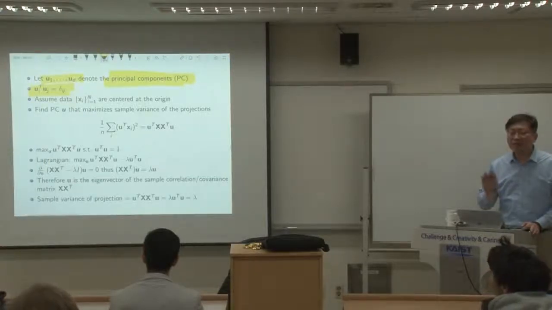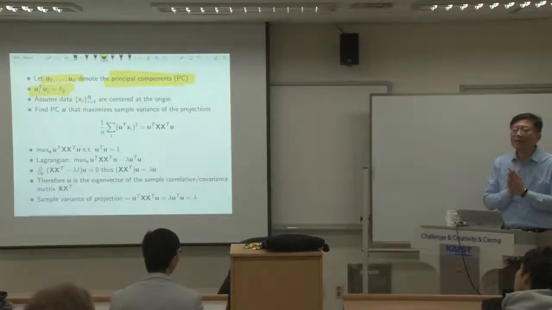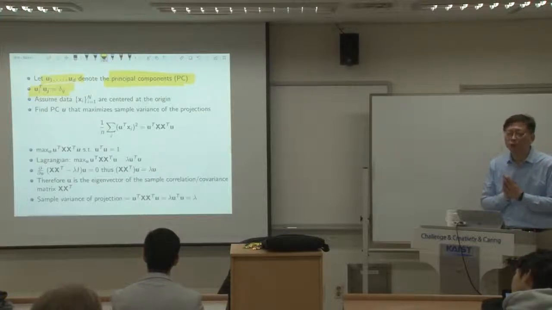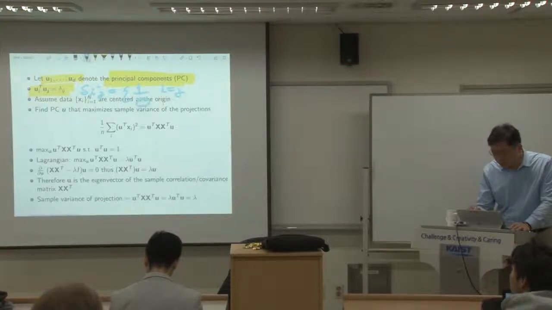The ith component and the jth component, if I take the inner dot product, they'll be orthogonal, and it is nonzero only when i and j are the same. Then the value is what? So let me define delta ij. Delta ij is 1 when i and j are equal, and 0 otherwise.